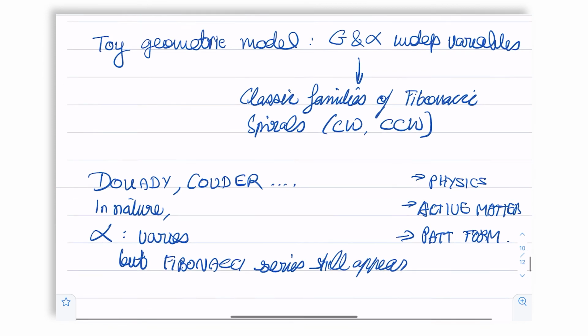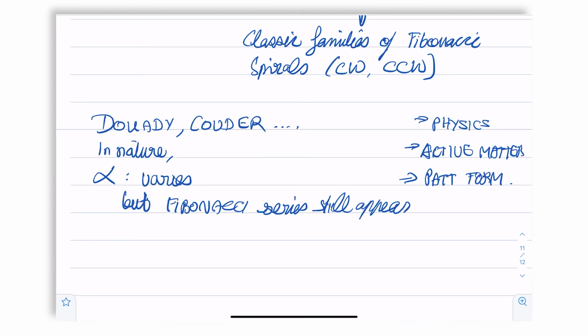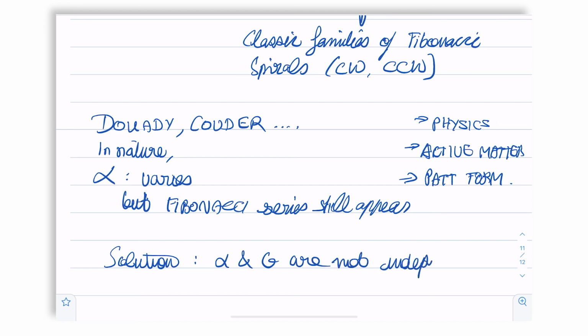In other words, the patterns are robust. The solution suggested by Douady and Couder is that alpha and G are not independent. And this requires more mathematical analysis, which is beyond the scope of this current study.